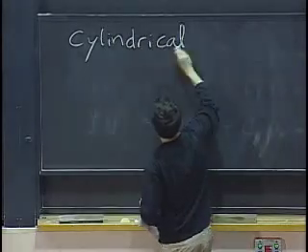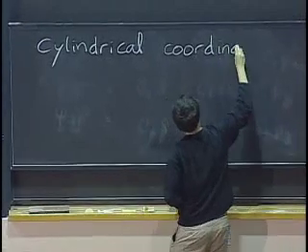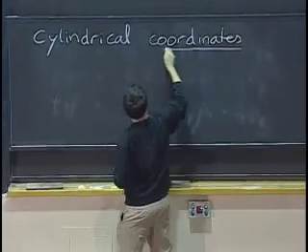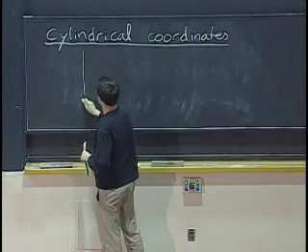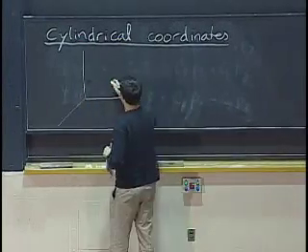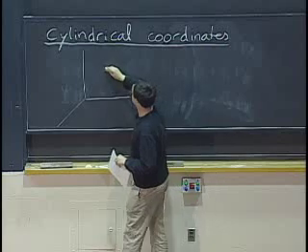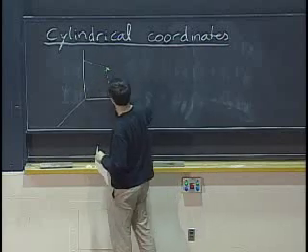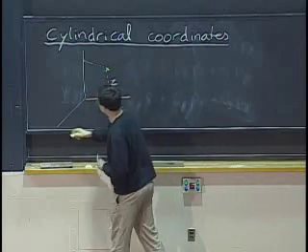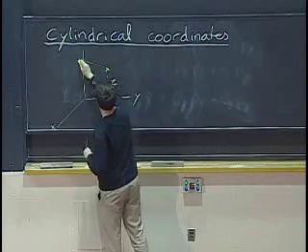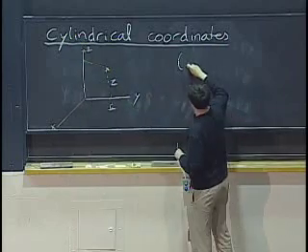So in fact, you already knew about cylindrical coordinates, even if you didn't know the name. The idea of cylindrical coordinates is that instead of x, y, and z, to locate a point in space, you will use 3 coordinates. One of them is basically how high it is above the xy plane. That will be z.